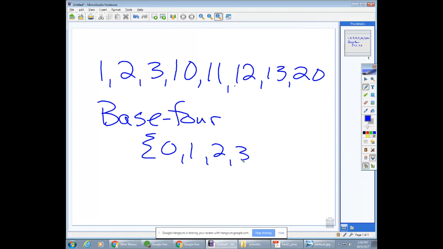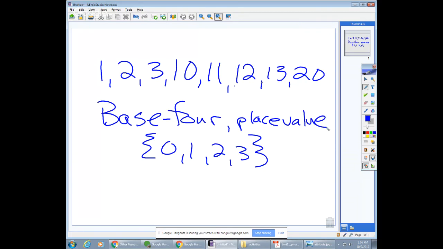1, 2, and 3. Now, not only is it a base 4 number system, but it's also a place value number system. So that's important. So it's base 4 and it's place value. Now, usually base place value systems have the same number of digits as the grouping amounts.